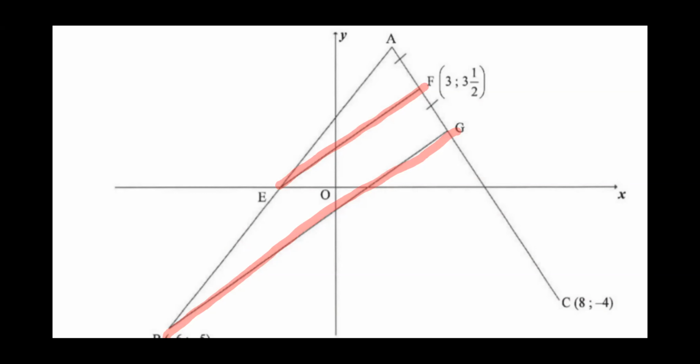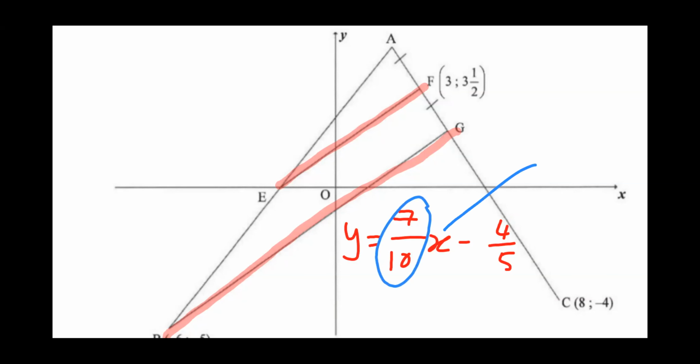Now, do we know what the gradient of line BG is? I think we know, because they gave us the equation of line BG. So if I just write out what that was, minus 4 over 5, I can now see that the gradient for line BG is this 7 over 10.